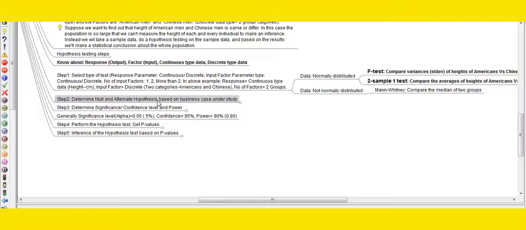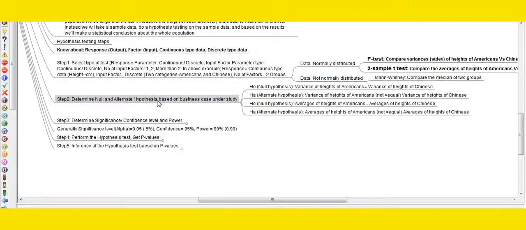And this null and alternate hypothesis is based on the business case scenario. So this is the null hypothesis and this is the alternate hypothesis. Null hypothesis is also called H0. We also call it H0 and HA. So H0 is the null hypothesis and HA is the alternate hypothesis.